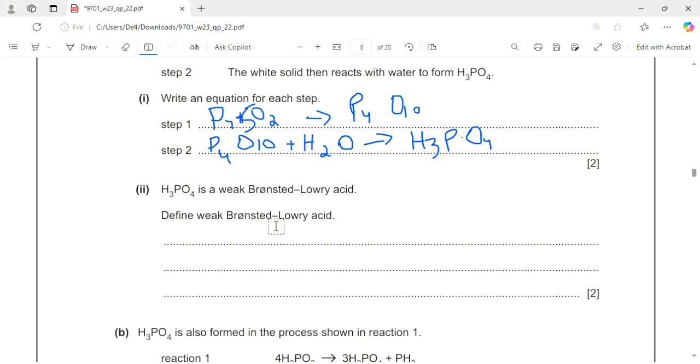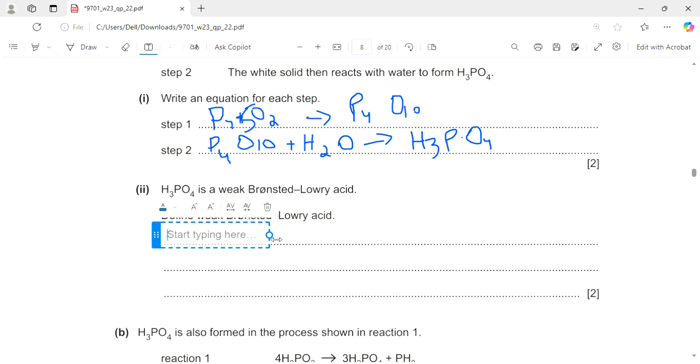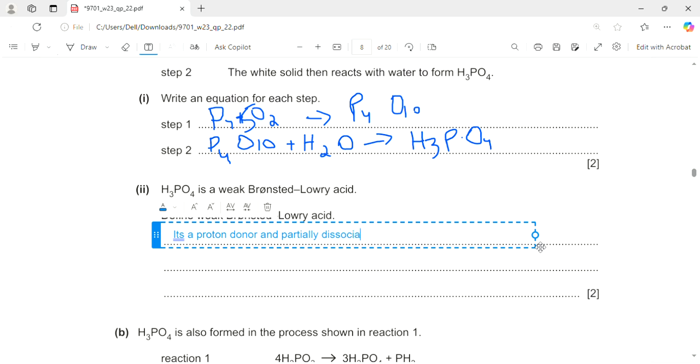So it's a proton donor and partially dissociates. Right, here we have done. Now move to the next part.